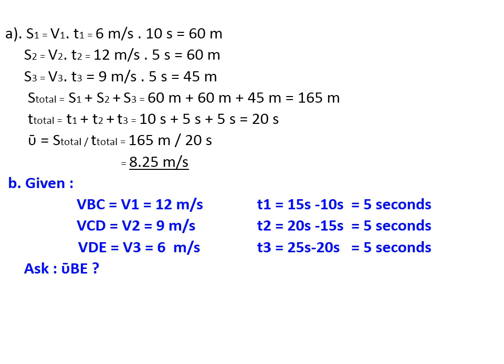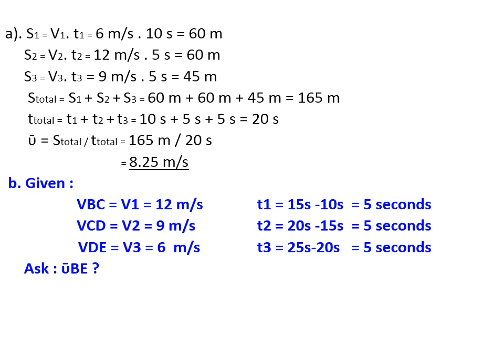VCD equals V2 equals 9 meters per second. T2 equals 20 seconds minus 15 seconds equals 5 seconds. VDE equals V3 equals 6 meters per second. T3 equals 25 seconds minus 20 seconds equals 5 seconds.